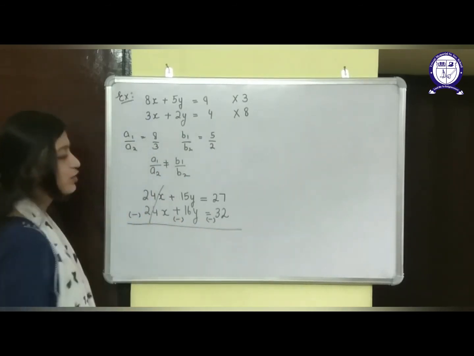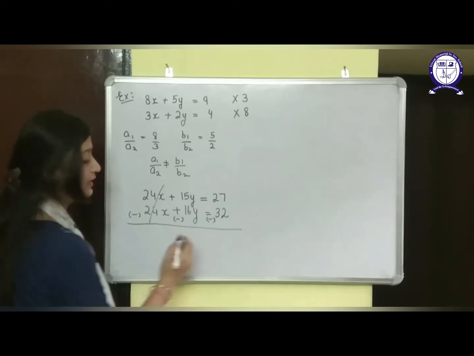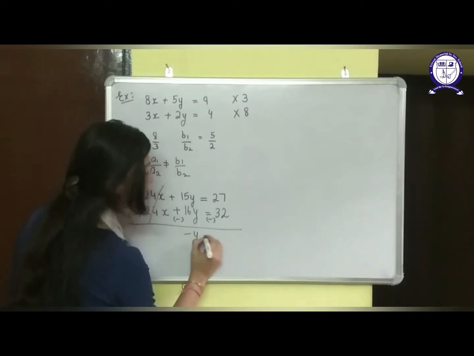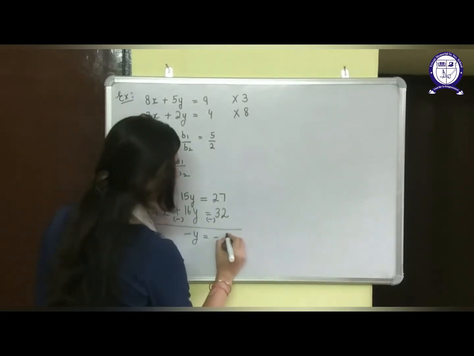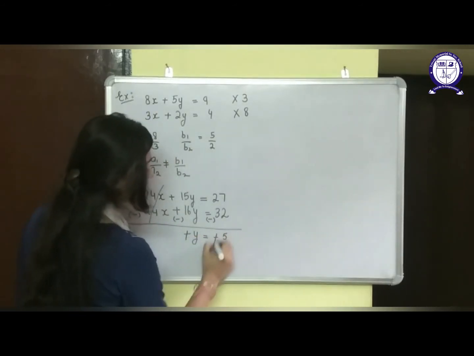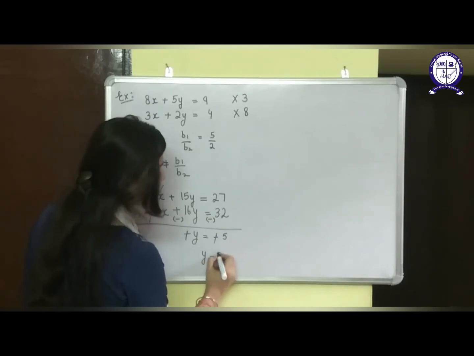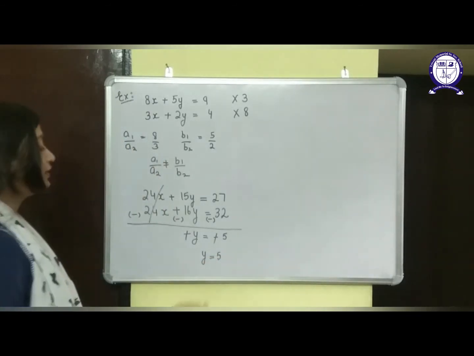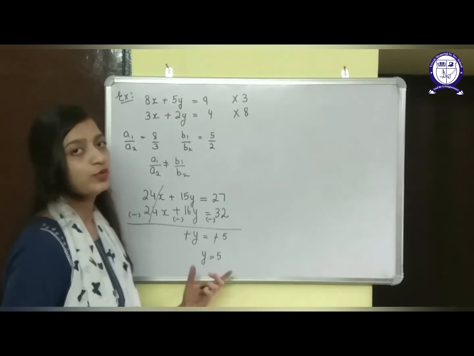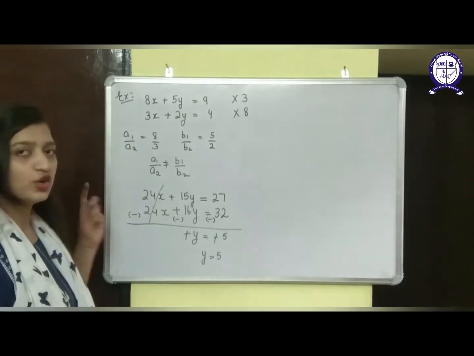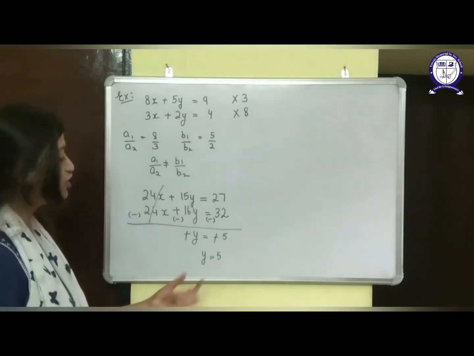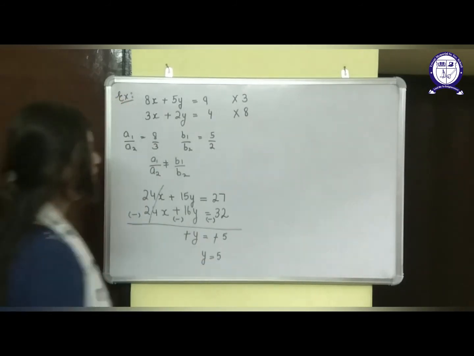It will cancel out. 15 minus 16 will be minus y, and 27 minus 32 will be minus 5. So cancelling the minuses, y will be 5. Now again, putting this value in any of the equations. In these two new equations don't put it, the calculation will be very large. So put it in any of the original equations.